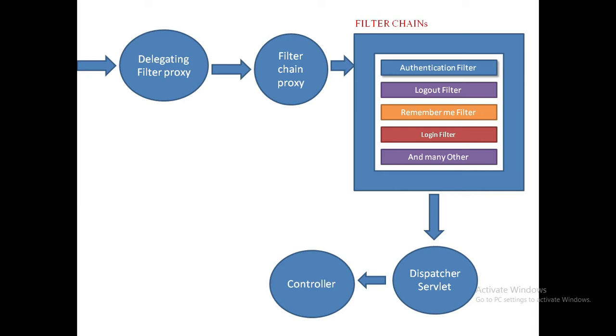Okay, so now we are going to see some more basic concepts which we are going to use frequently in this tutorial series. So let's see that. The first one is the principal. So what is meant by principal? This word we are going to use frequently in our tutorial series.